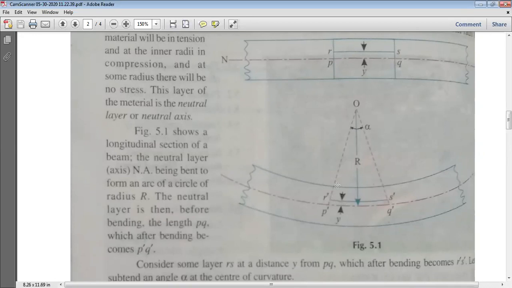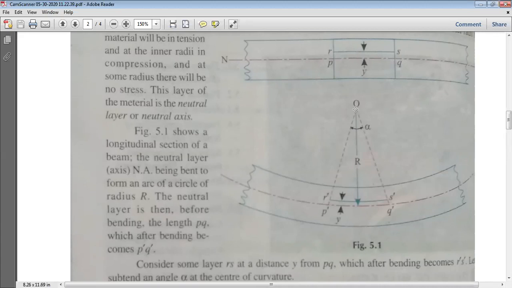If we extend R'P', S'Q' will also extend. So the S'Q' line and the R'P' line extended, and the radius of curvature line, all three will meet at a point known as the center of curvature.